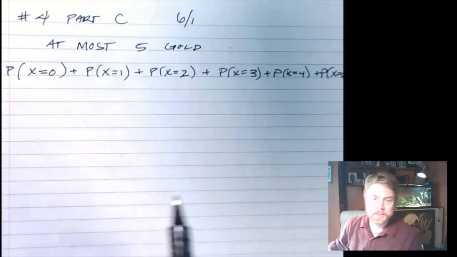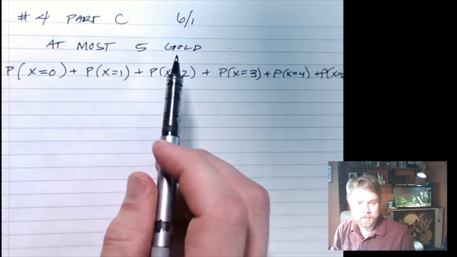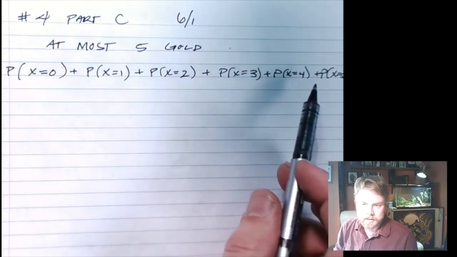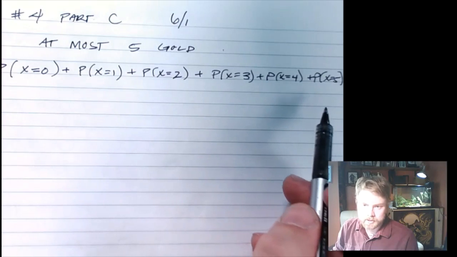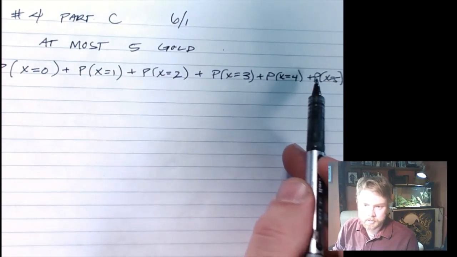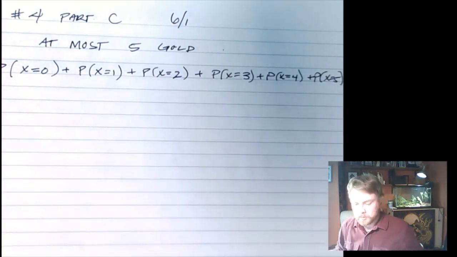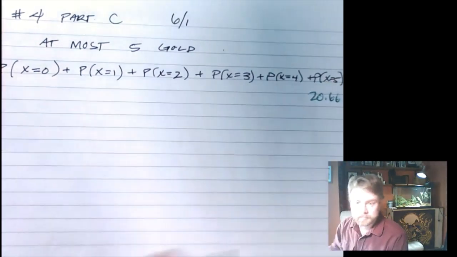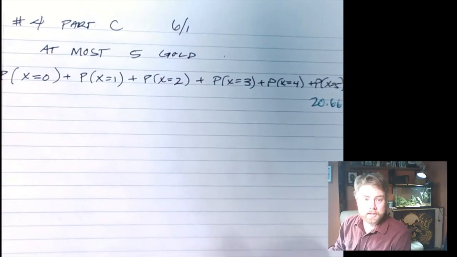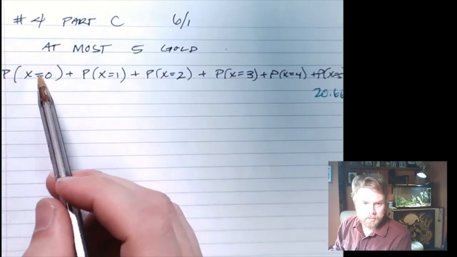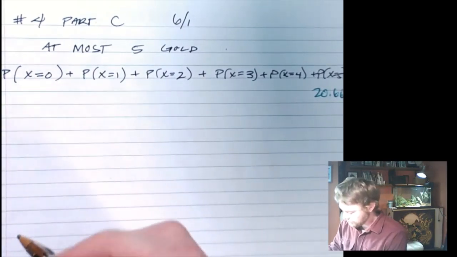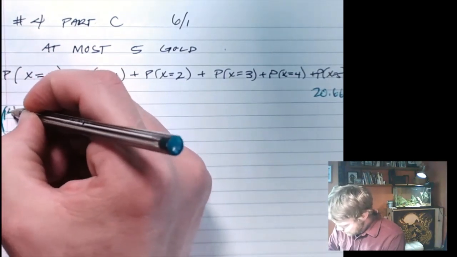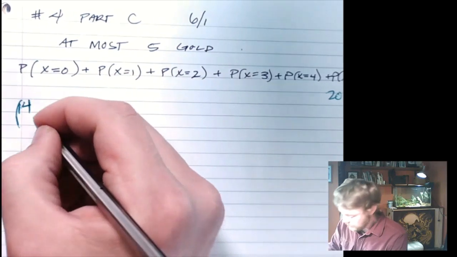Okay, part C, a little more complicated. At most 5 gold, that would be all of these scenarios. And we just figured out this one that I scrunched in here on the side of the page. Probability that we get 5 gold was 20.66. And let's do each of these individually now. Probability X is 0, rather. 14 choose 0.